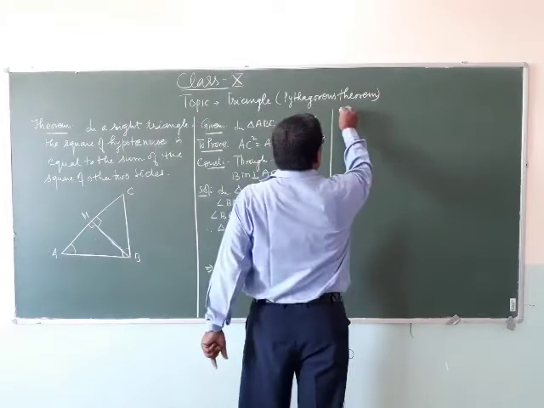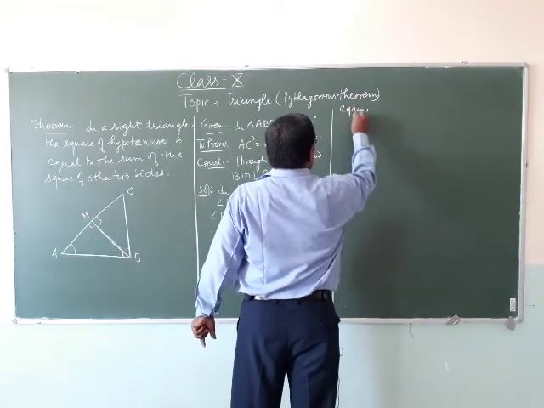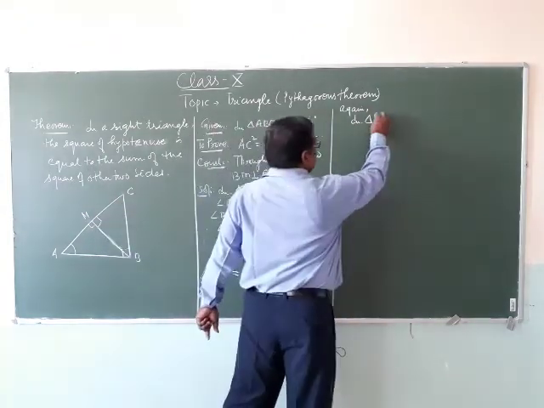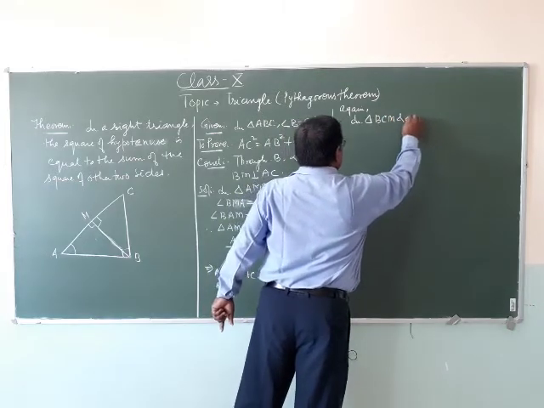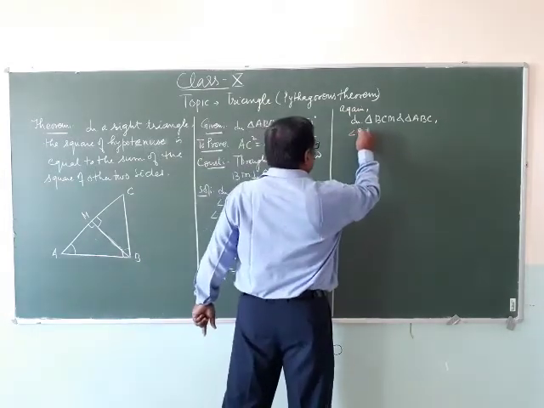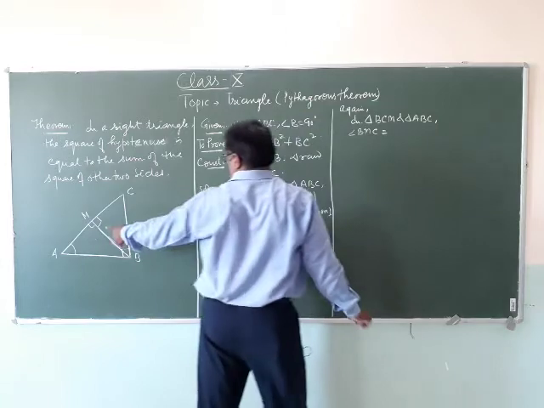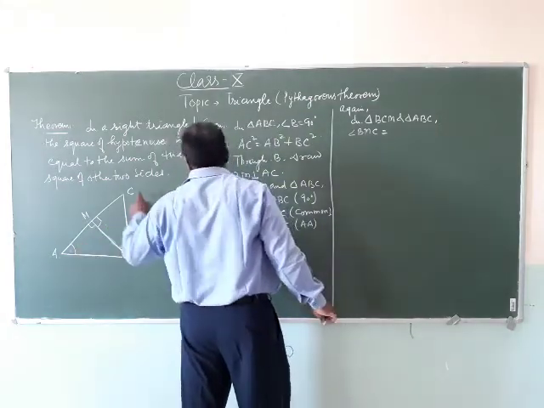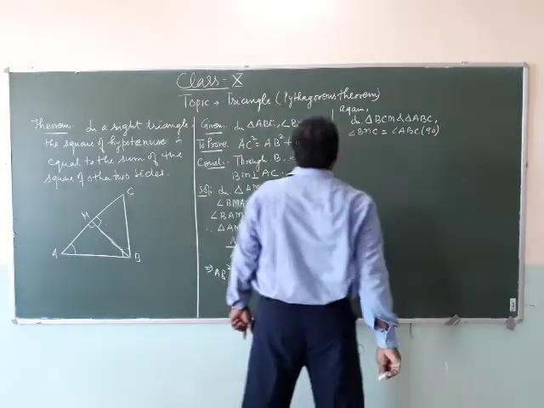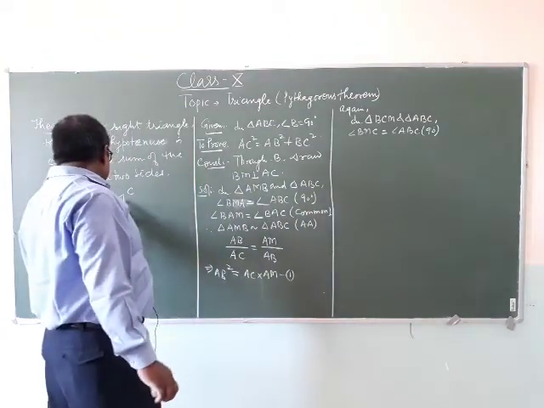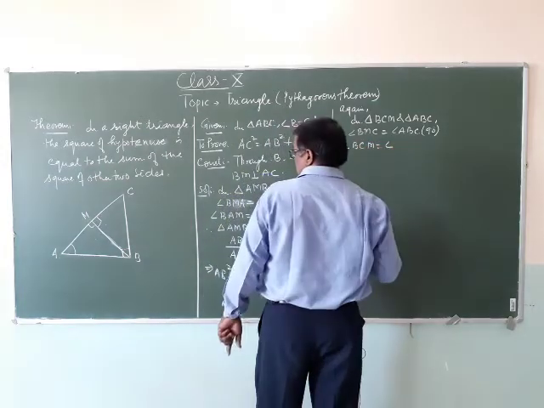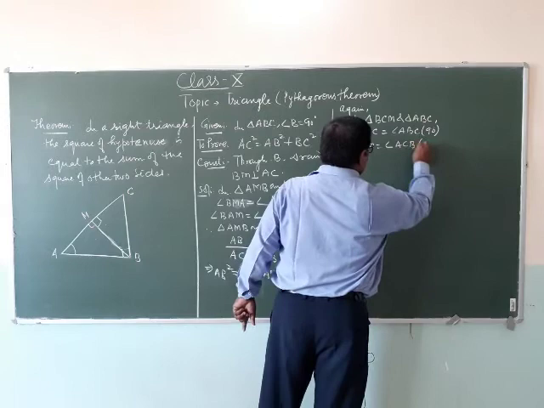Now in triangle BMC and triangle ABC, angle BMC is equal to angle ABC, each 90 degrees, and angle BCM is equal to angle ACB, which is common.